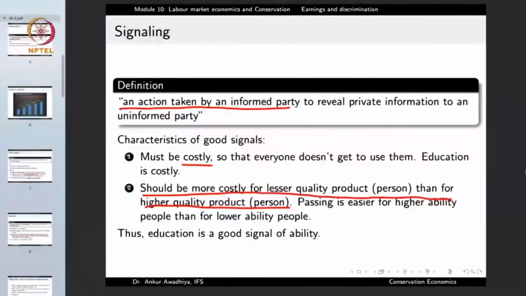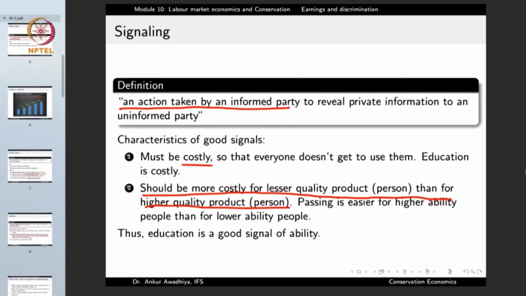So in this case, there is a difference that exists between a person with a higher quality or ability and a person with a lower quality or ability. This is another characteristic of a good signal. It should be more costly for a less quality person or product than for a higher quality product or person.